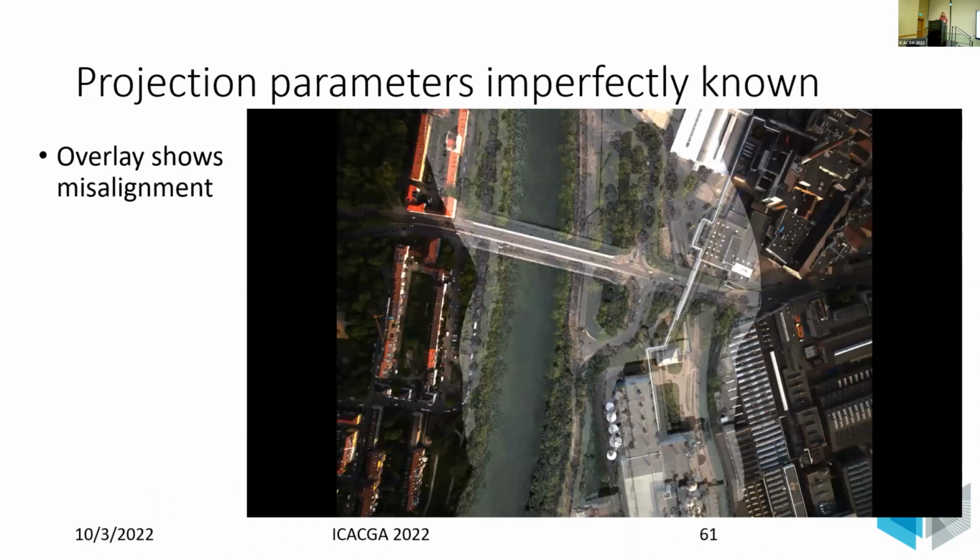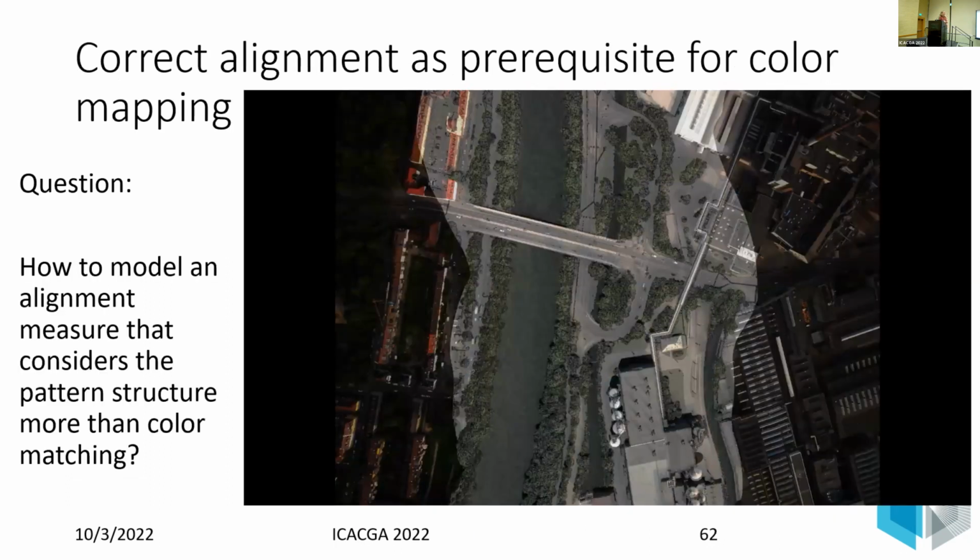But the problem is that the overlay is not perfectly known. We don't know the exact projection parameters. So if you just project a point cloud with given parameters and the image, it does not exactly match. It's somehow different. Ideally, we would need to correct the parameters for a perfect projection.